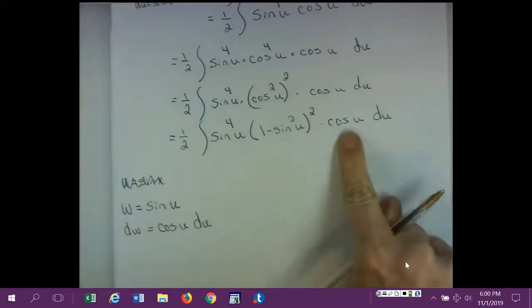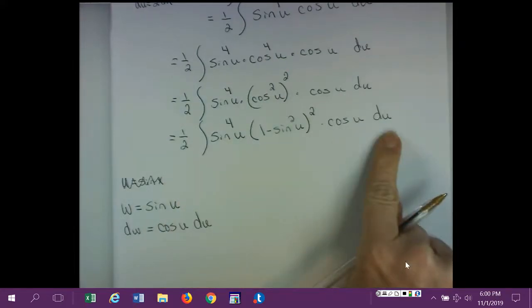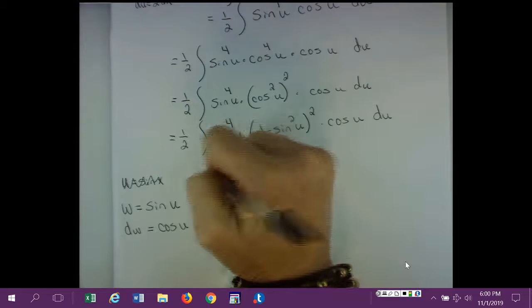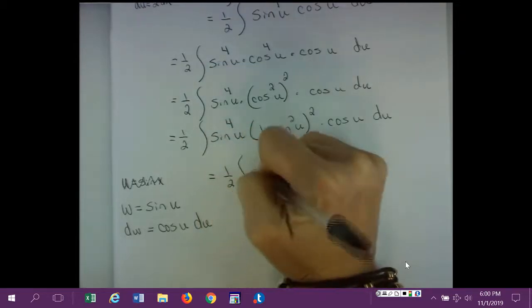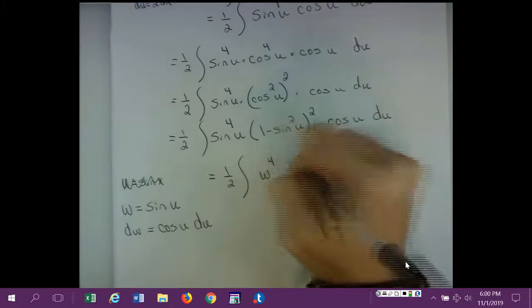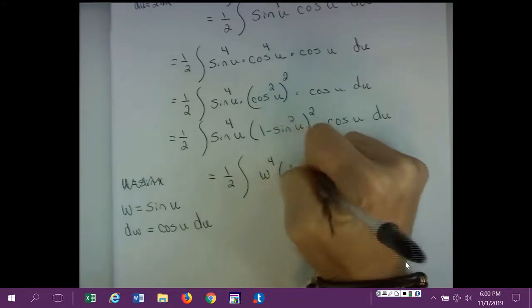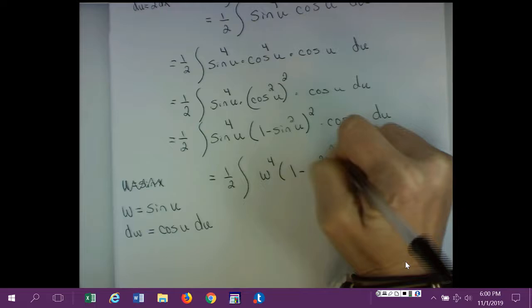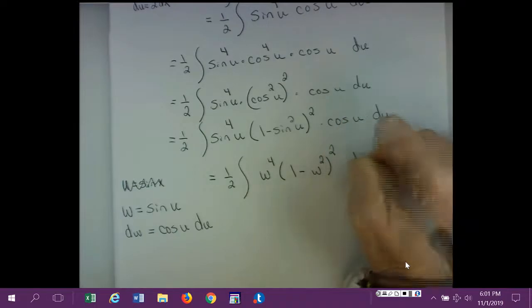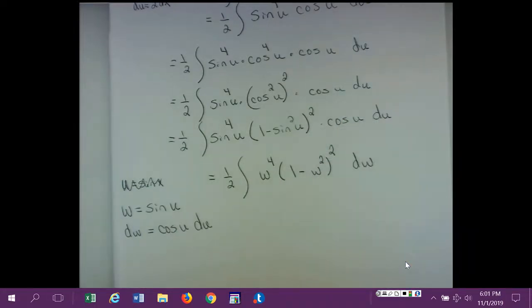And guess what? Cosine of u du is dw. This becomes 1/2 w to the 4th times 1 minus w squared quantity squared dw. So wherever you see sine, you want to replace it with w.